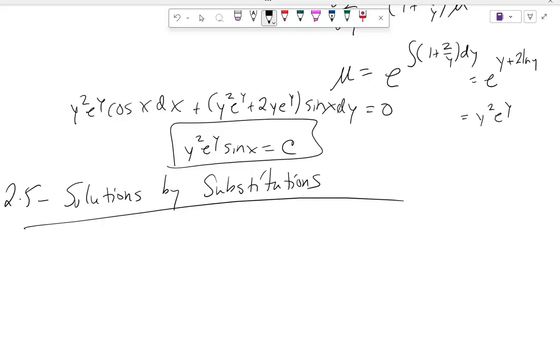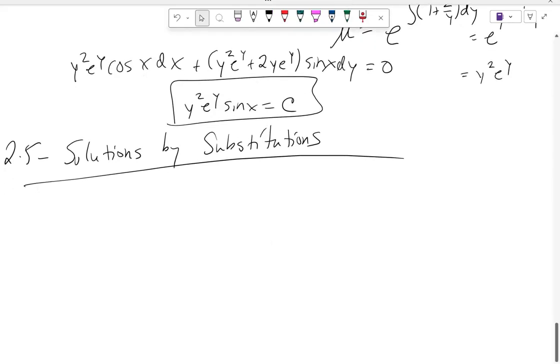So this is number 4 in section 2.5. We've got y dx equals 2 times (x plus y) dy.